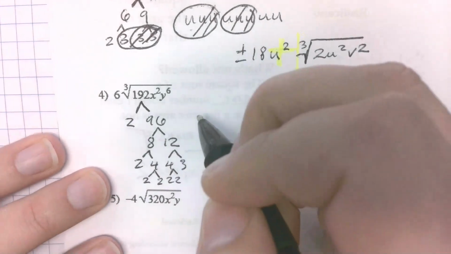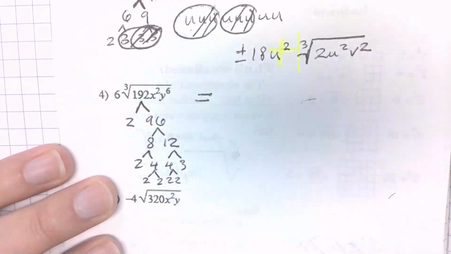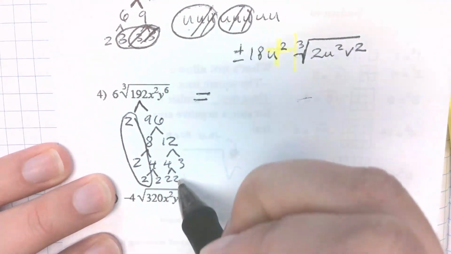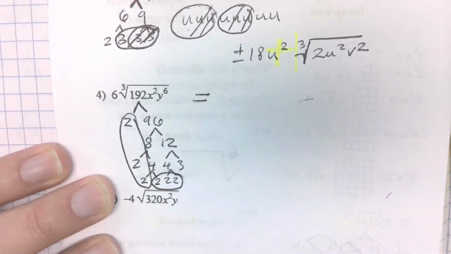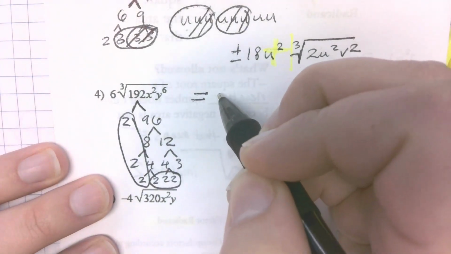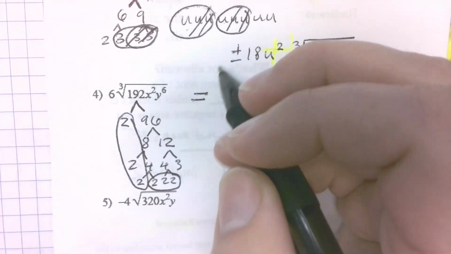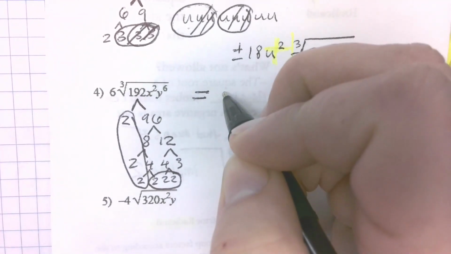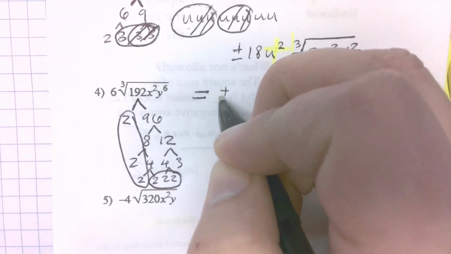Okay. Group of 3. Group of 3. Tell me what to write down on the outside. Jude, give me one number that's going to be on the outside. Plus or minus 6.